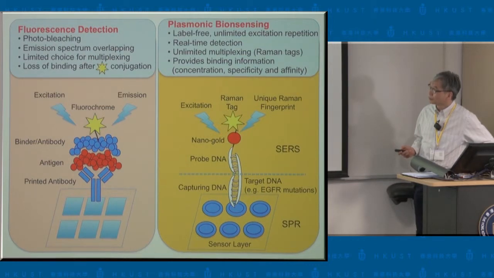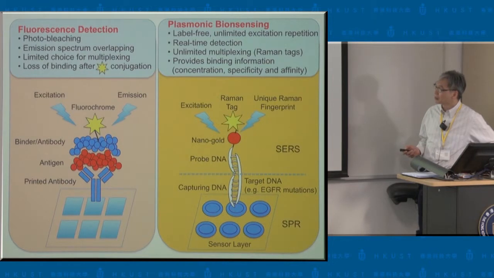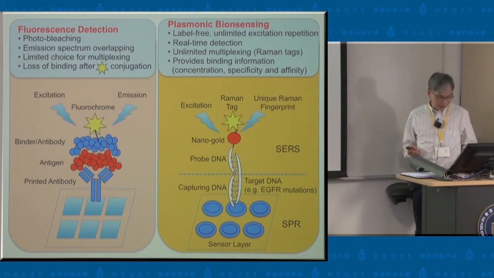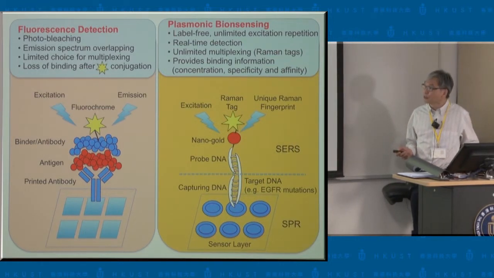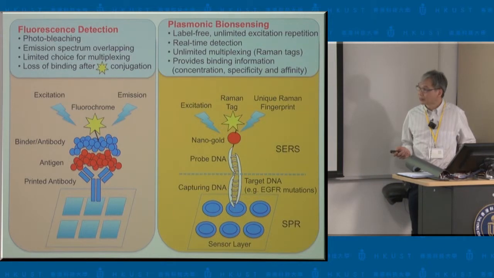And also, if you put a Raman tag as a probe, then the Raman fingerprint will give you a multiplex signal. This looks good. However, the sensitivity that you can get out of this kind of detection is, compared to the fluorescence method, still quite limited.